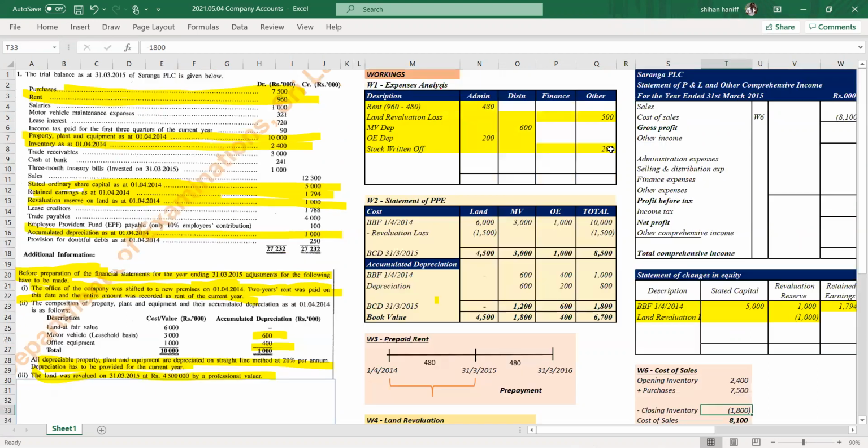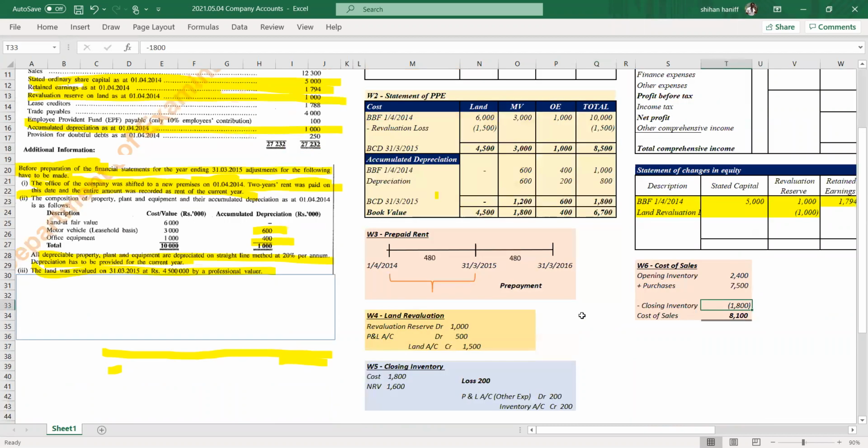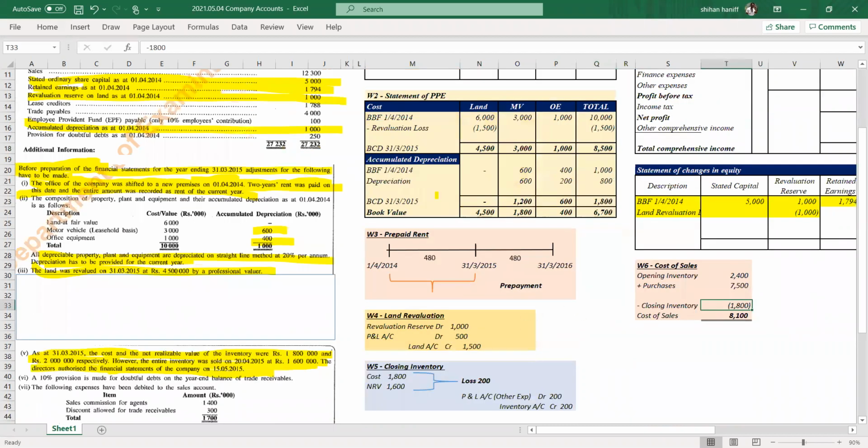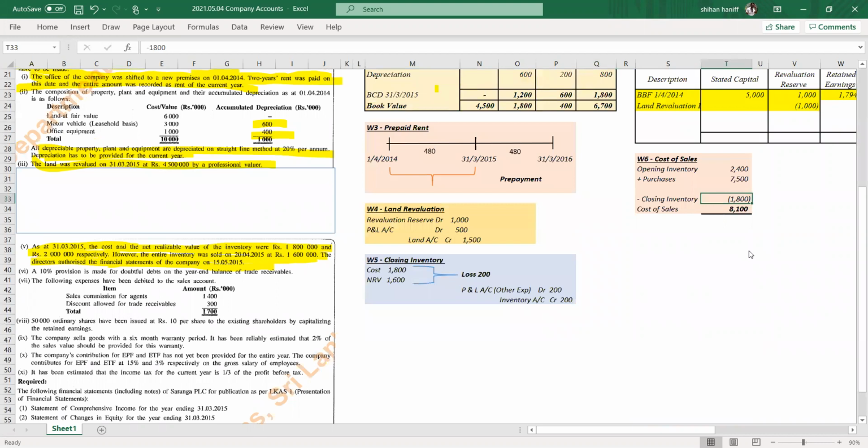We put it under other expenses, not to the cost of sales.